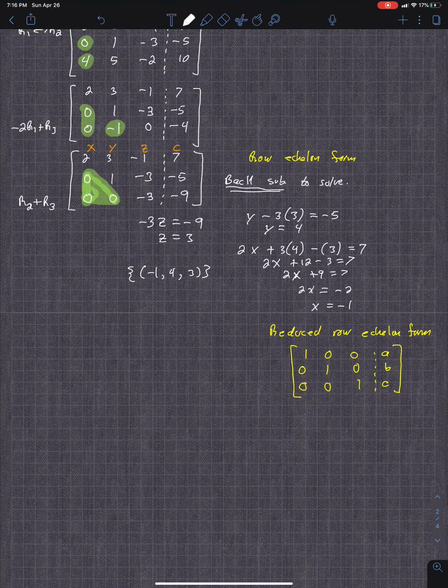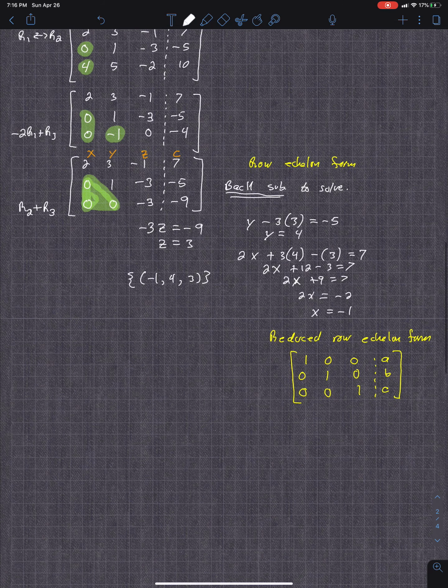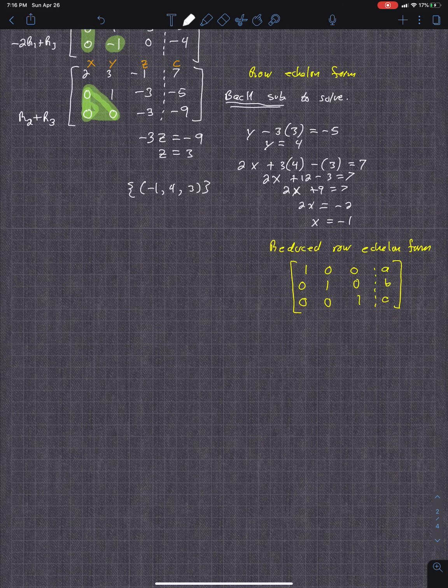So go ahead and recopy the matrix that we have above. So it's 2, 3, negative 1, 7, 0, 1, negative 3, negative 5, and then 0, 0, 1, 3.